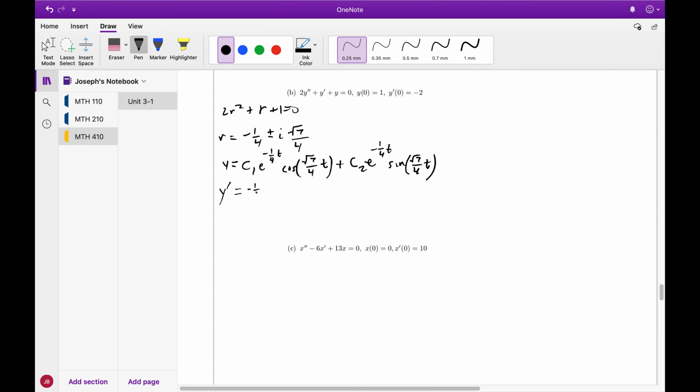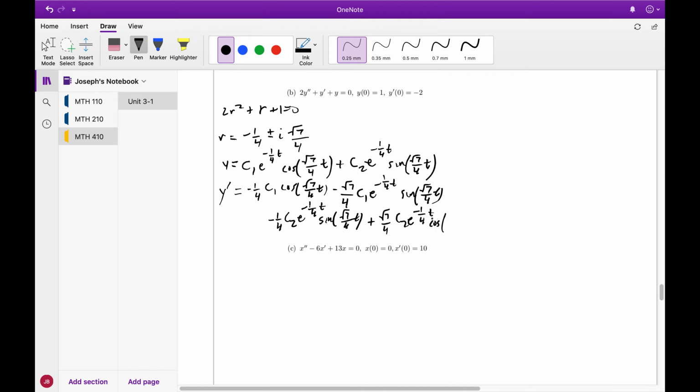So we get minus 1/4 c1 e to the minus 1/4 t cos root 7 over 4t minus root 7 over 4 c1 e to the minus 1/4 t sine root 7 over 4t minus 1/4 c2 e to the minus 1/4 t sine root 7 over 4t plus root 7 over 4 c2 e to the minus 1/4 t cos root 7 over 4t.